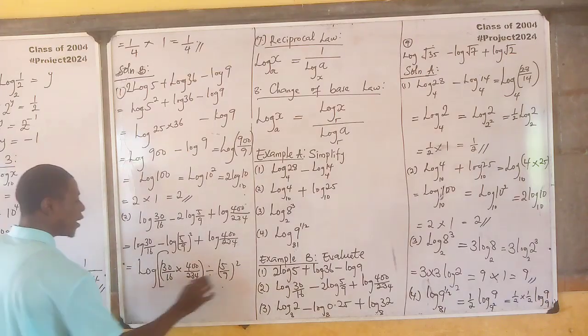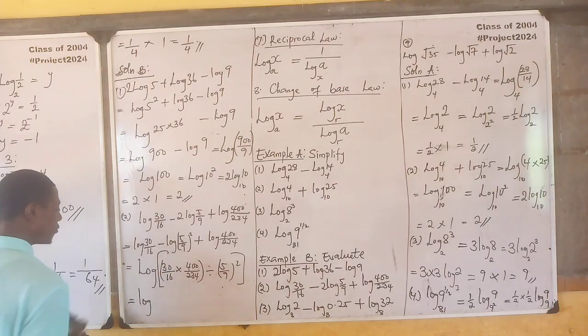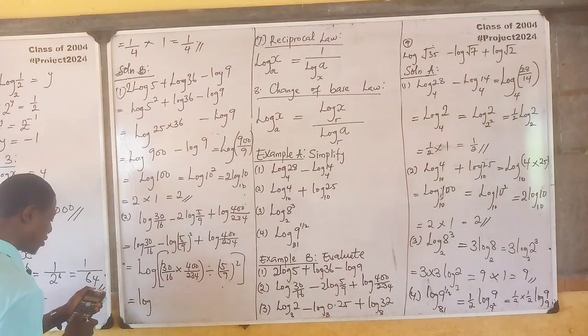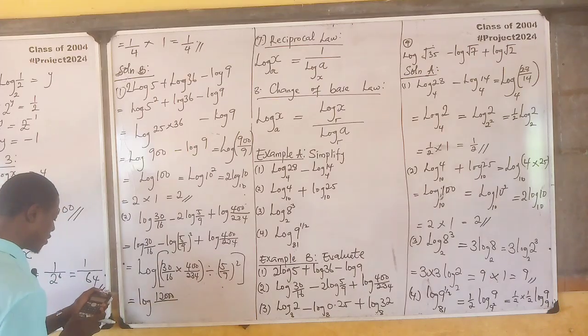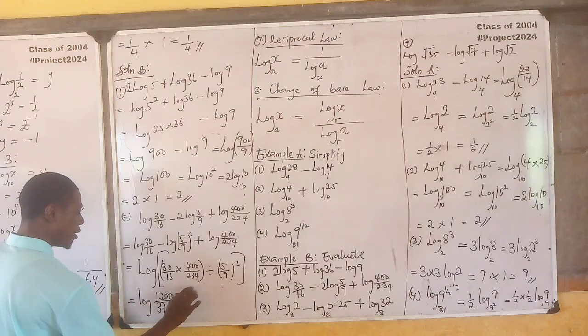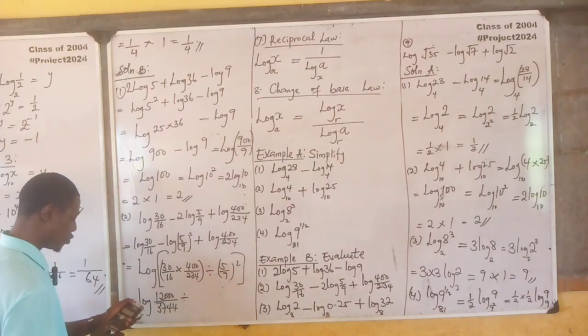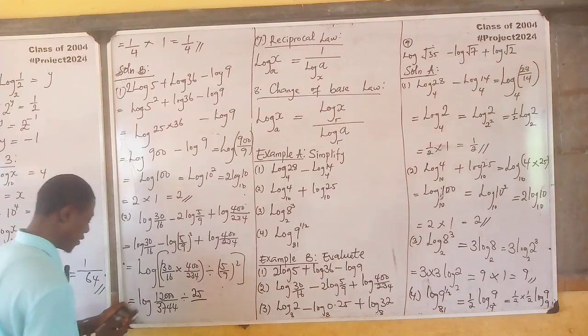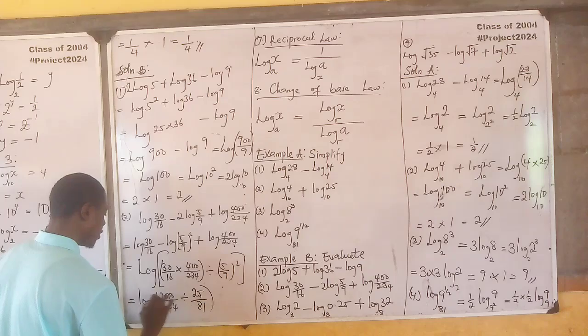So all of them here are affected by this log, which is going to be equal to log of 30 multiplied by 400, which is 12,000, over 16 times 2, 3, 4, which is 3744. Then here we are going to divide by 5 squared, which is 25, over 9 squared, which is 81. So all of them here belong to this log.